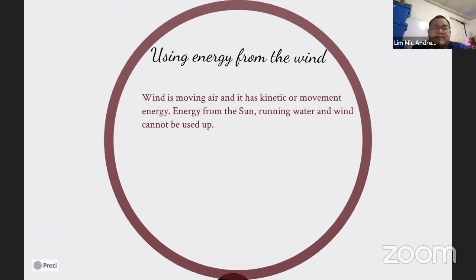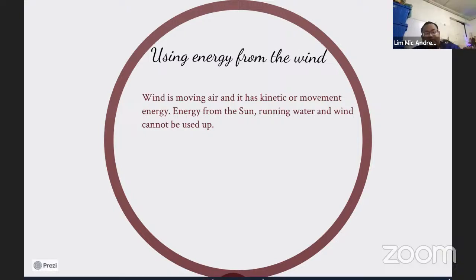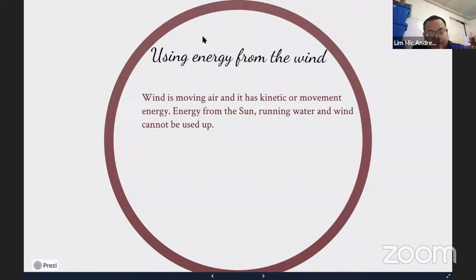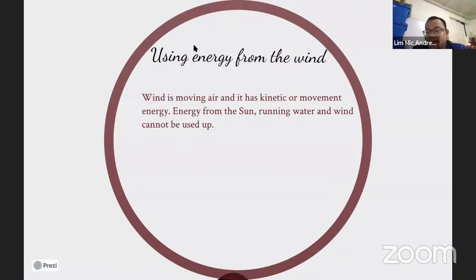So other than sun energy and water, we use energy from the wind. Wind is like water, it's moving. There is kinetic energy. So you see all the turbines are turned by the wind.